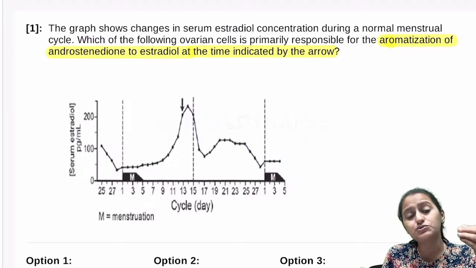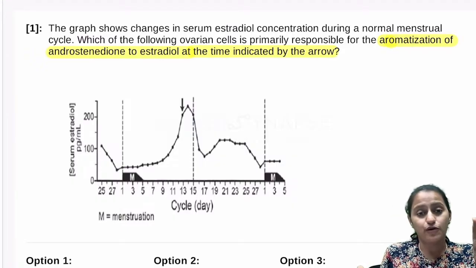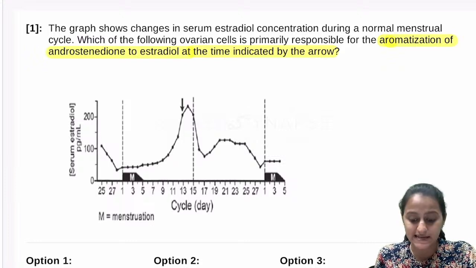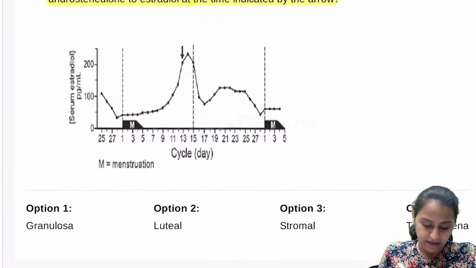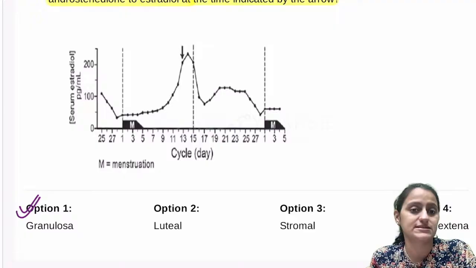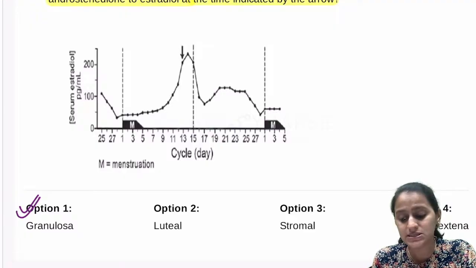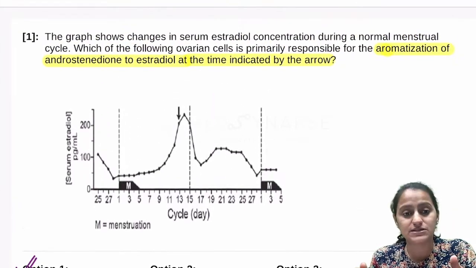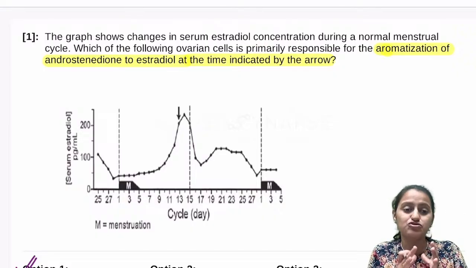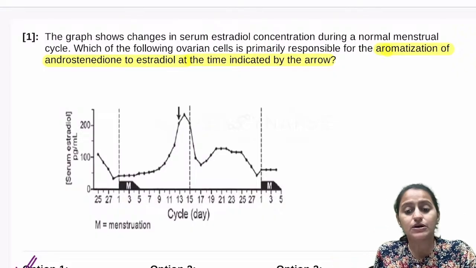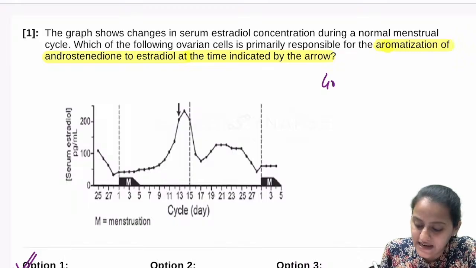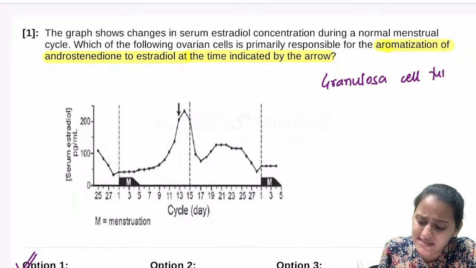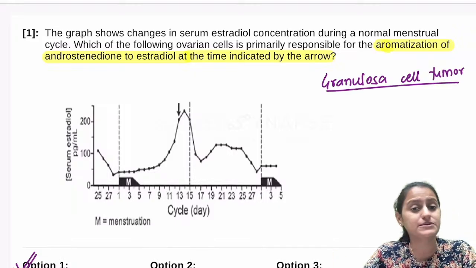So even if this graph is not there, this is just a one-liner, the last line question, you know that aromatization of the androgens to estrogen takes place in what cell in the ovary? That is the granulosa cells. Remember, aromatization takes place in the granulosa cell. That is why, if you try to integrate it clinically, the ovarian tumor that you read, that is granulosa cell tumor. Can you quickly tell me what is the clinical feature that it can present with?